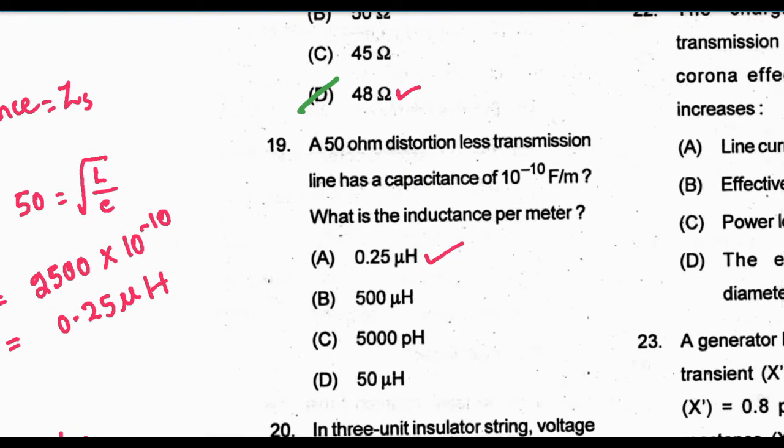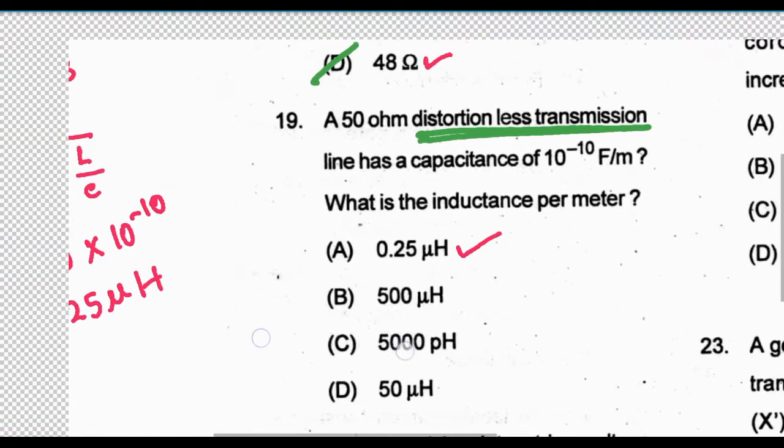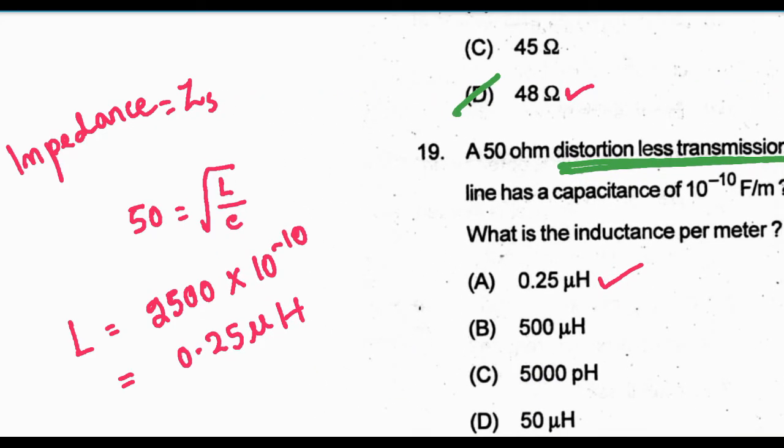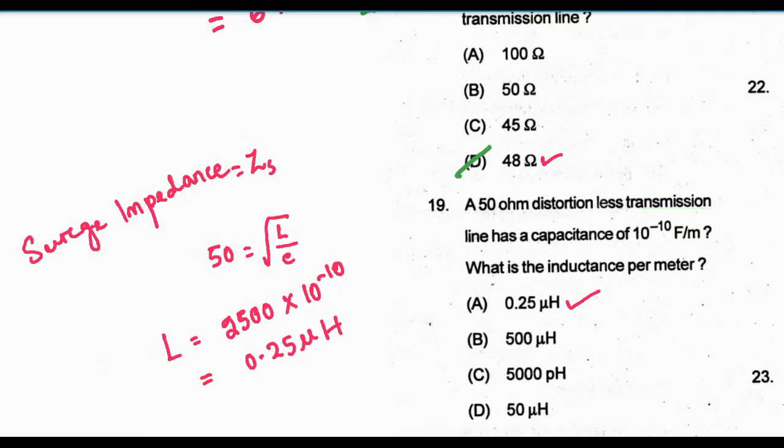A 50 ohm distortionless transmission line has a capacitance of 10 to the power minus 10 farad per meter. What is the inductance per meter? Given a distortionless transmission line, the surge impedance is 50 ohm.